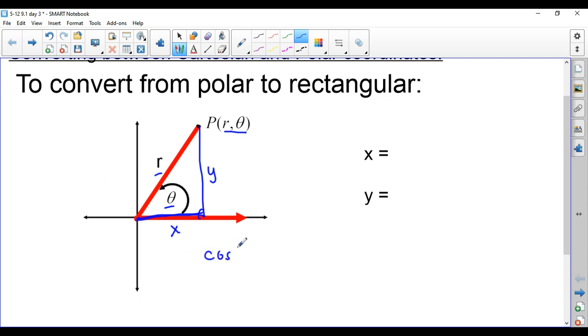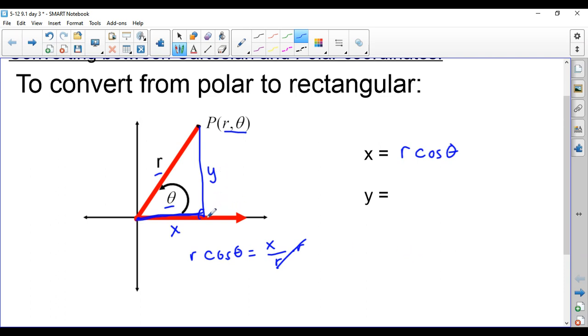So the cosine of theta is equal to adjacent over hypotenuse, x over r. And if I took that equation and multiplied both sides by r, I would get that the x coordinate is r times cosine of theta. And then I would want to find the y coordinate.